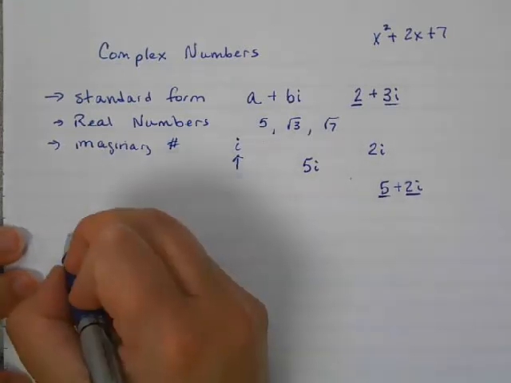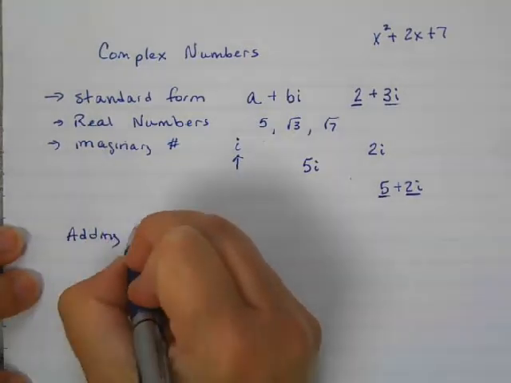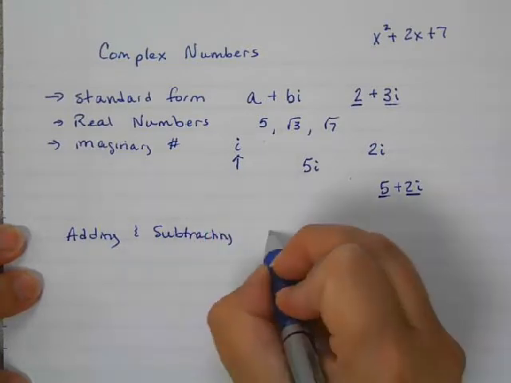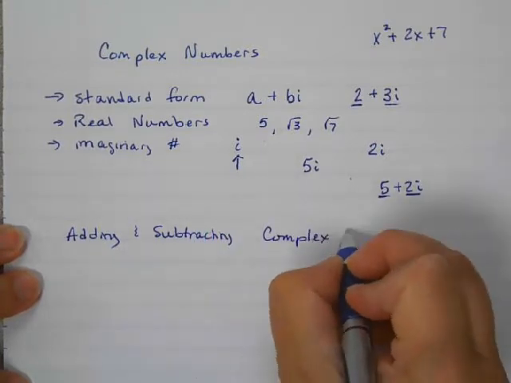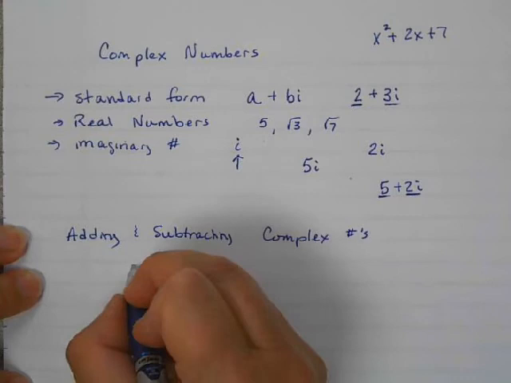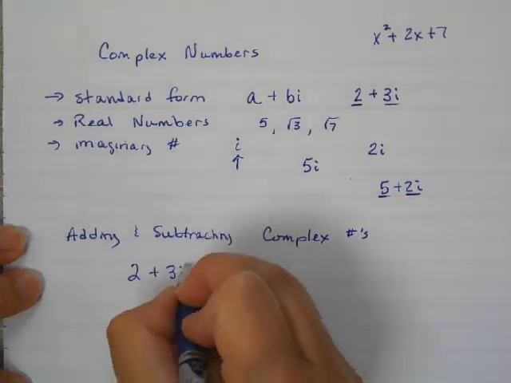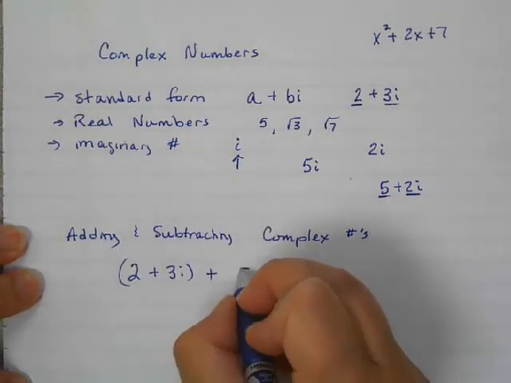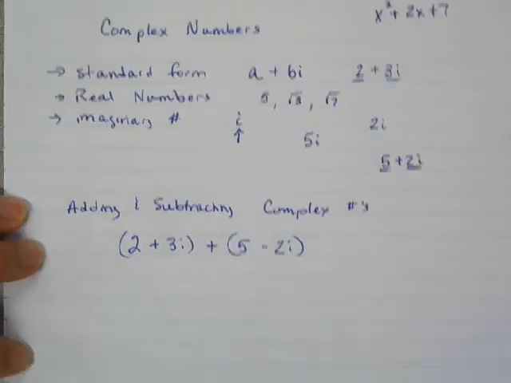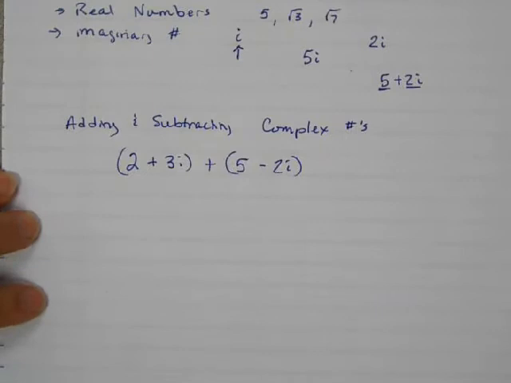So let's talk about adding and subtracting complex numbers. If I had something like 2 plus 3i, and I wanted to add 5 minus 2i, we would do this just like we would with real numbers.